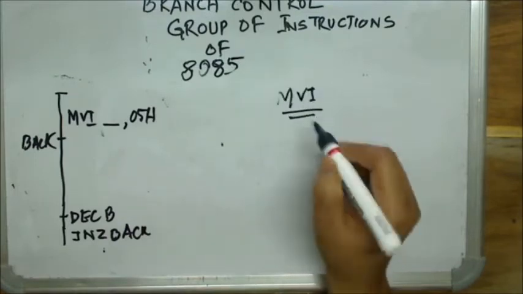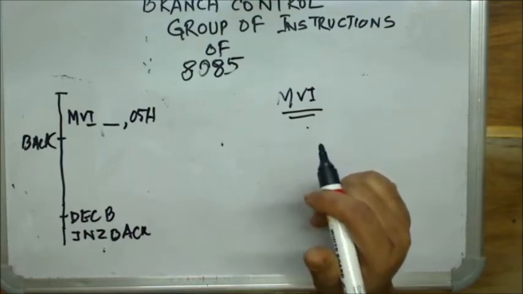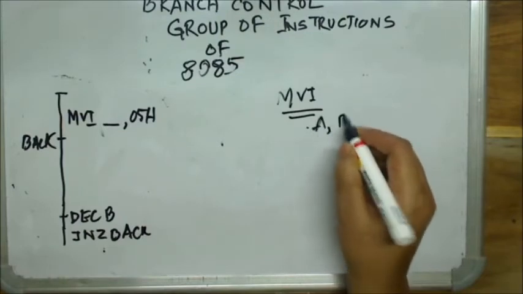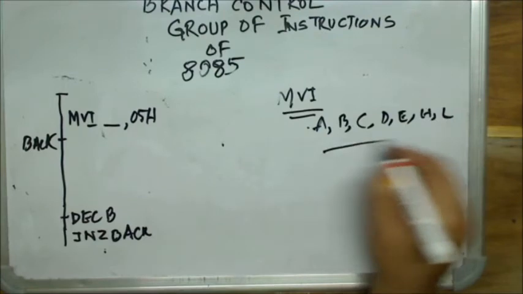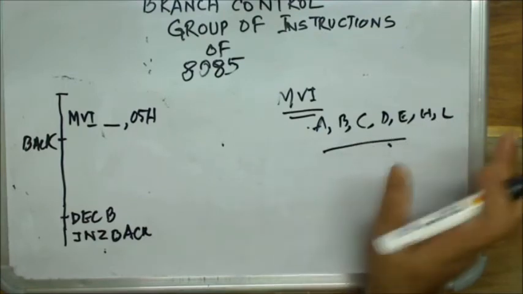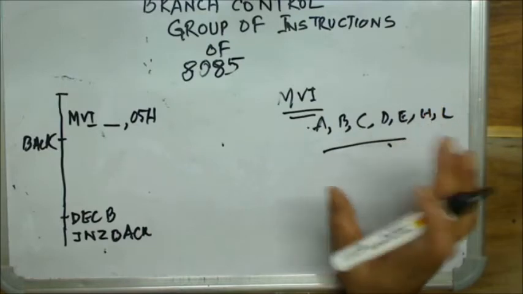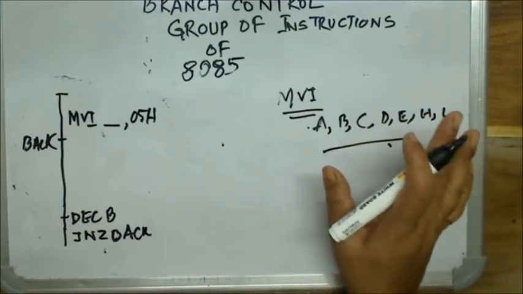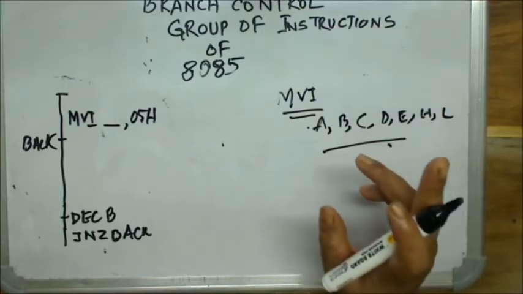MVI, right? Now tell me which register you will use to hold the counter. There are 7 registers: A, B, C, D, E, H and L. You can use any register for setting the counter. But remember, never use A for unnecessary things, because A is the most important register in 8085.